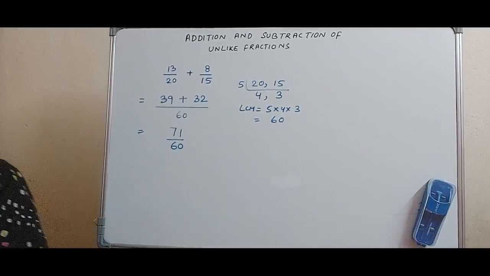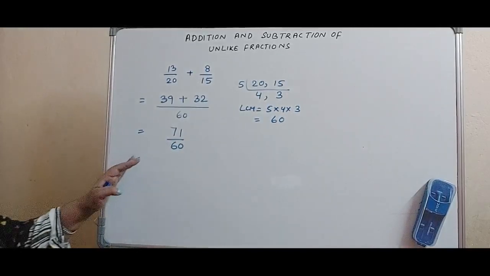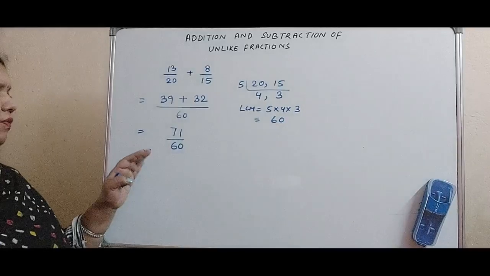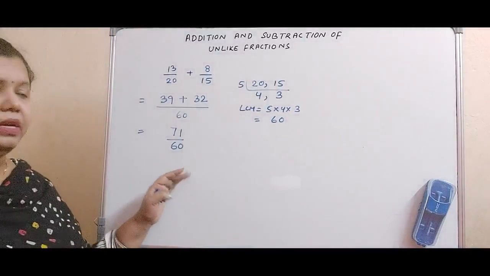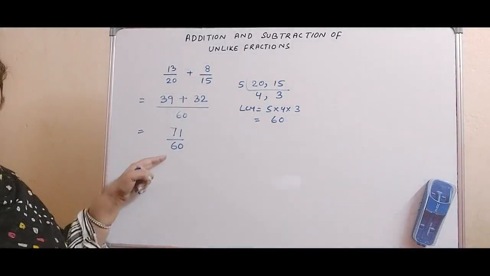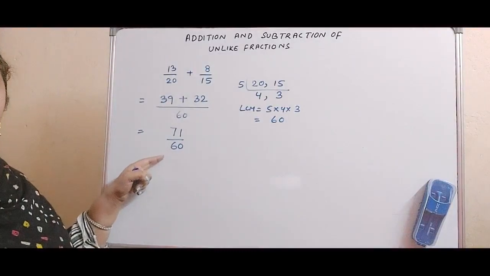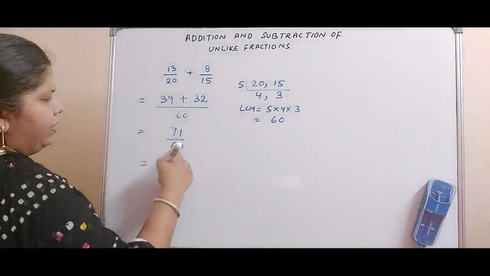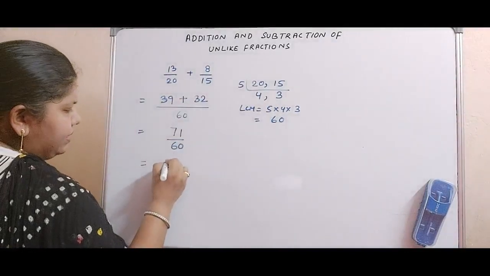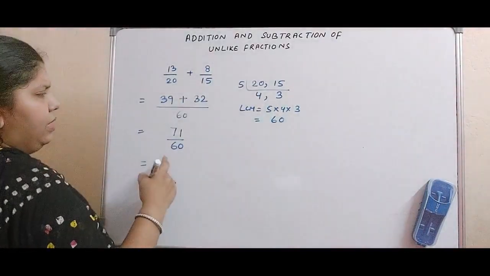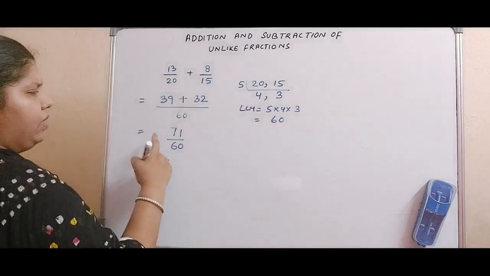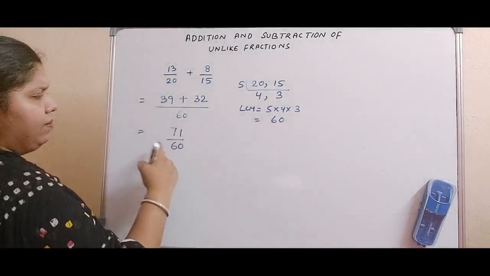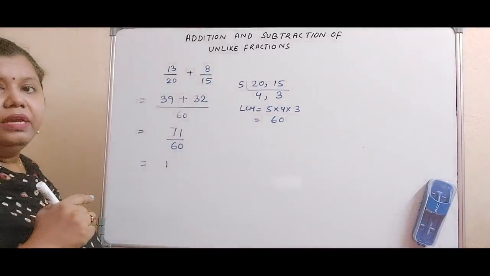Okay. What we generally do, if we get an improper fraction like 71 by 60, is change it to its mixed form. So how will we change it? We divide this. 60 1s are 60, and after subtracting 71 minus 60, what do we get? 11.